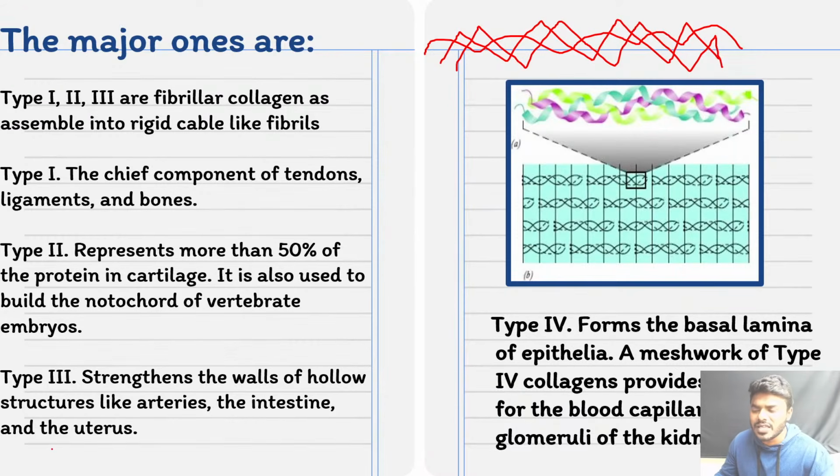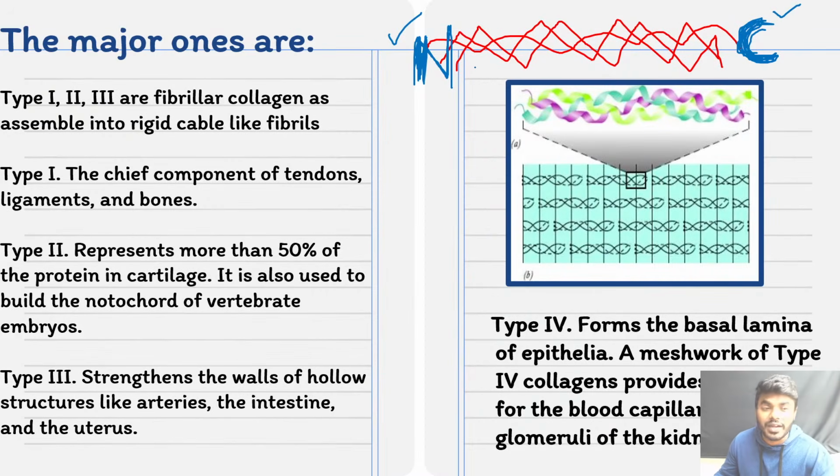Collagen is a protein. So what domains does a protein have, friends? A protein has an N-terminal domain, and a protein has a C-terminal domain also. You all know it very well.